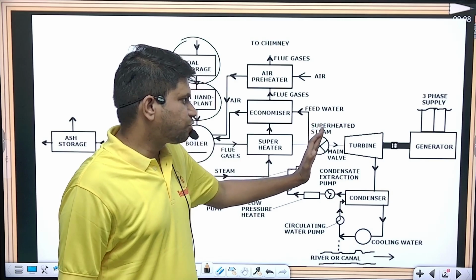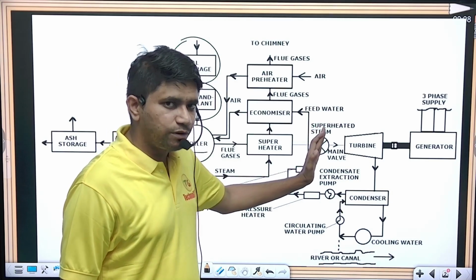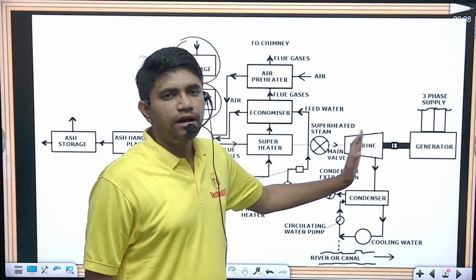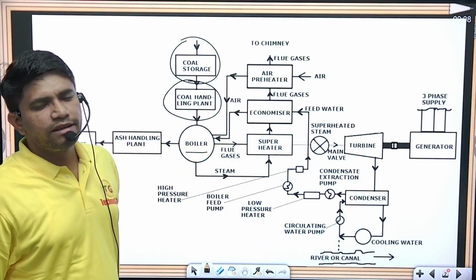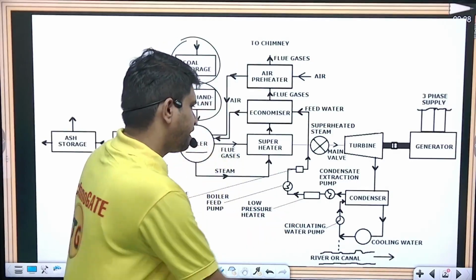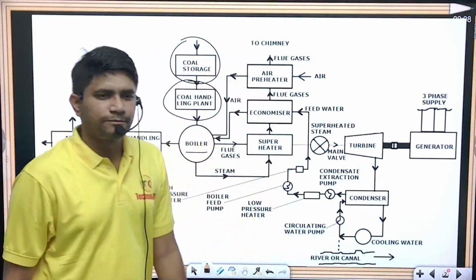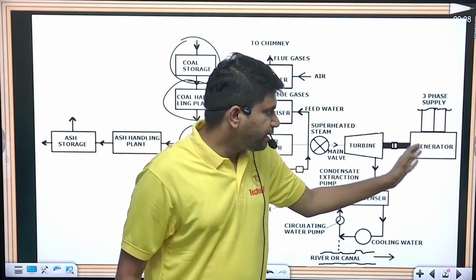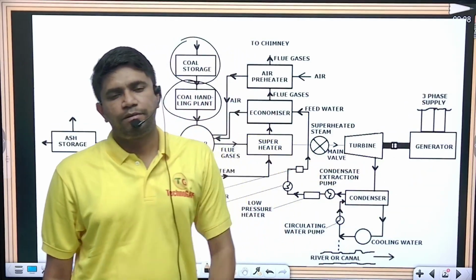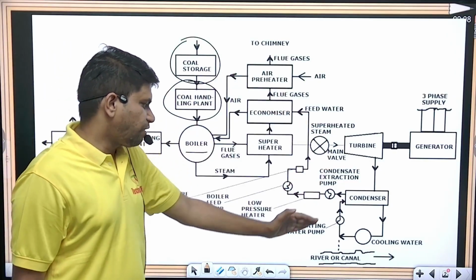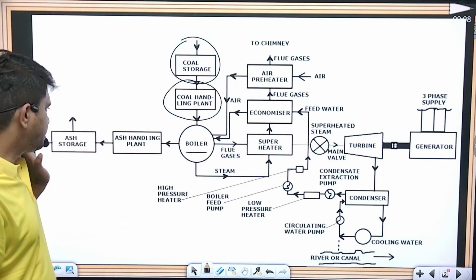Yes, superheated steam. It is converted into superheated steam, and then it is thrown out to the turbine. As and when the turbine rotates, it is directly coupled with the generator. The rotor of the generator will also rotate, and the three-phase power is generated. So this is the entire process of a thermal power plant. So majorly I have discussed this.